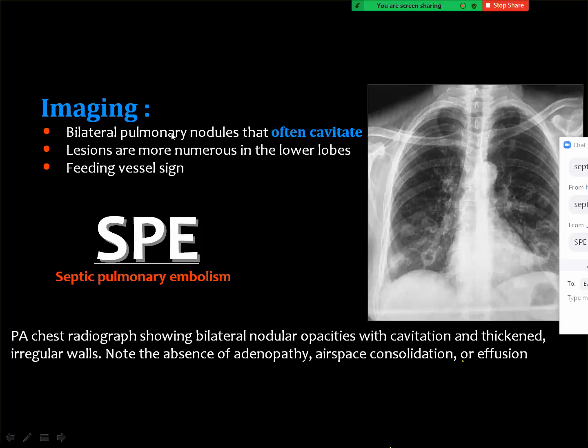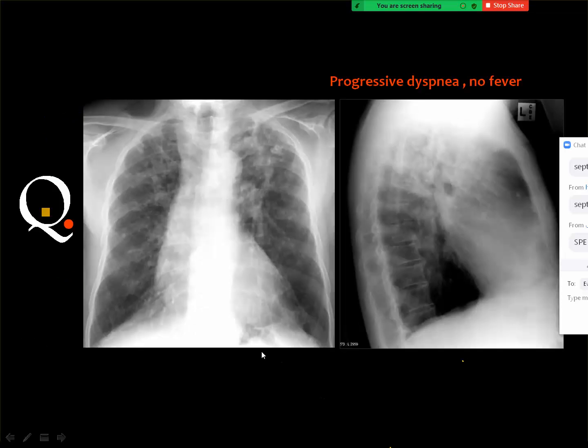Then bilateral nodules often cavitate whenever they are slightly larger, and lesions are more numerous in the lung bases because the circulation towards the bases of the lung is of course much more than that towards the apices, and the feeding vessel sign is similar to any embolic material like metastasis or pulmonary embolism. They go through the vessels. Then we have this case with progressive dyspnea but no fever.